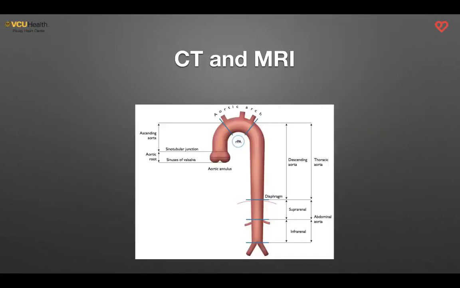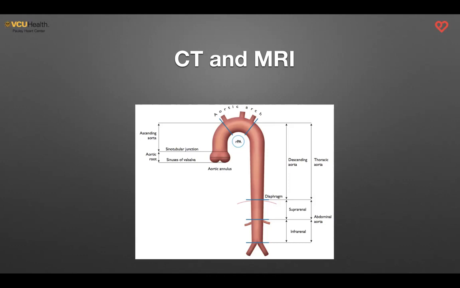When you're measuring CT and MRI, very important for your interpreter to measure all these locations systematically. And what is referenced is that you want to measure at the aortic annulus, sinus of Valsalva, sinotubular junction, just before the brachiocephalic. Some pediatric cardiologists will measure between the head vessels, but then you also want to measure the descending arch around the isthmus and then the diaphragm, and then the abdominal aorta would be at suprarenally and infrarenal.